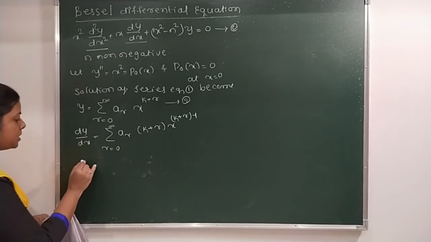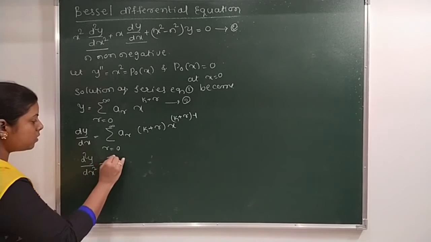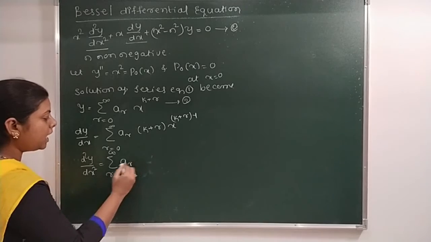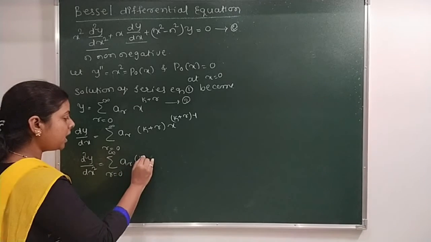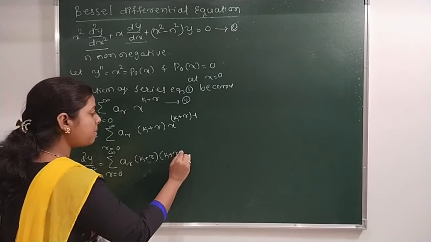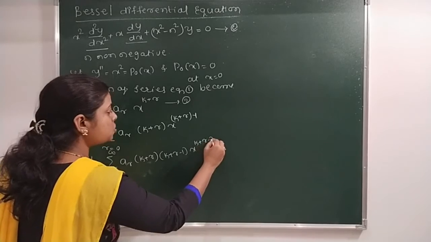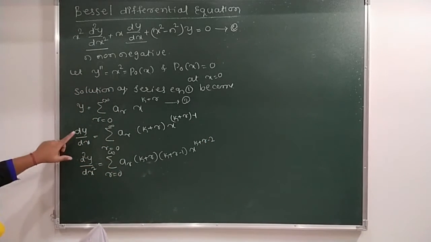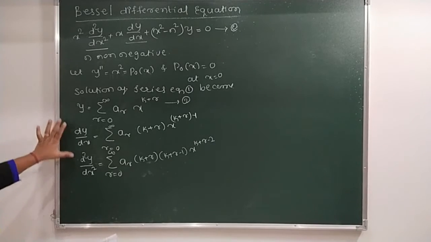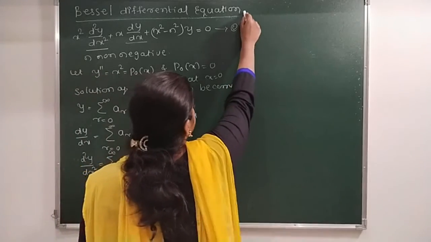Again we have to differentiate this term. d square y by dx square is equal to summation of r is equal to 0 to infinity, ar keep as it is, k plus r into k plus r minus 1, x raised to k plus r minus 2. These are the first order derivative and second order derivative. These two values we have to substitute in our equation number 1.